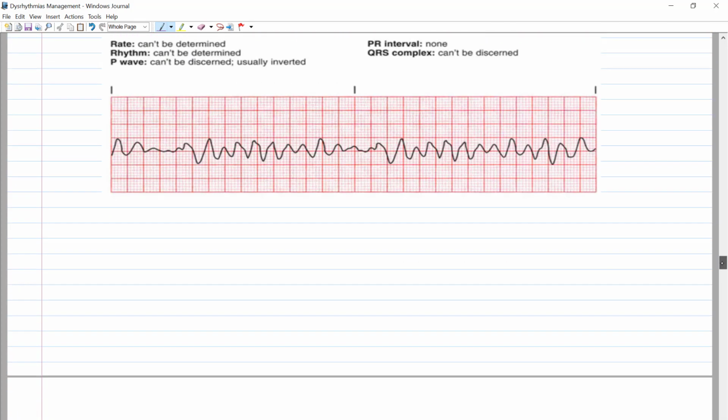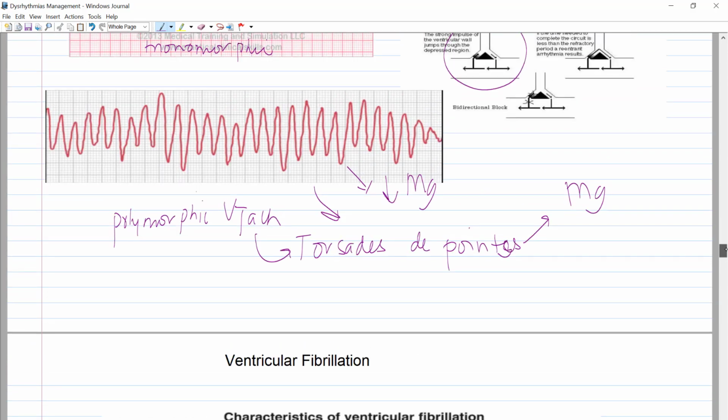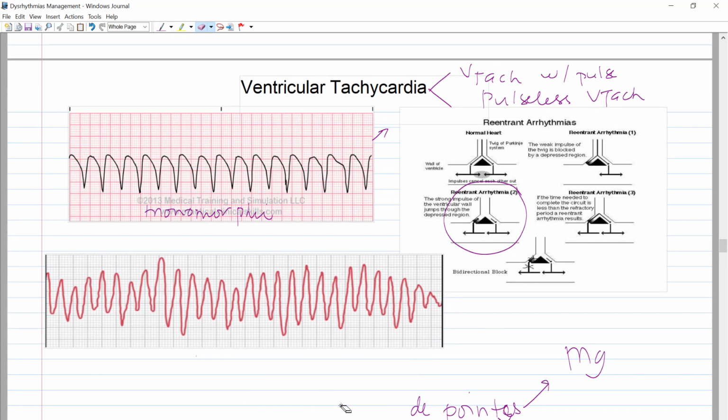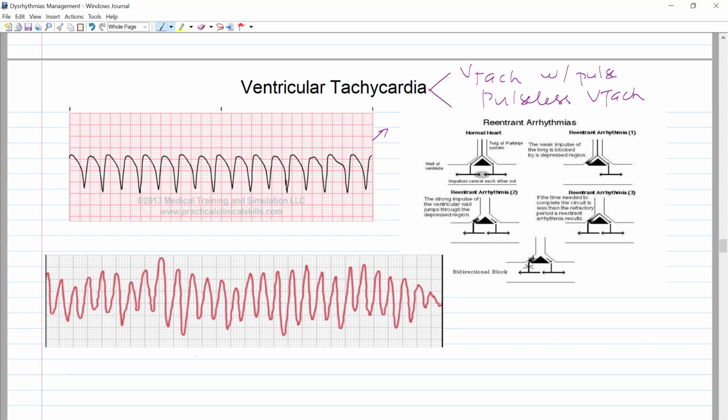So there's no space, so I'm going to erase this part right here. Okay. Let's start with VTAC with pulse. So VTAC with pulse means your patient is alert and conscious.